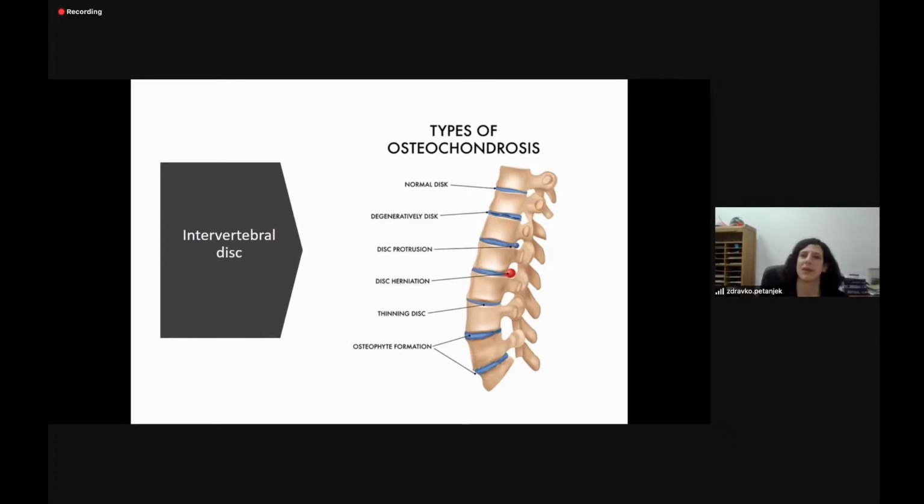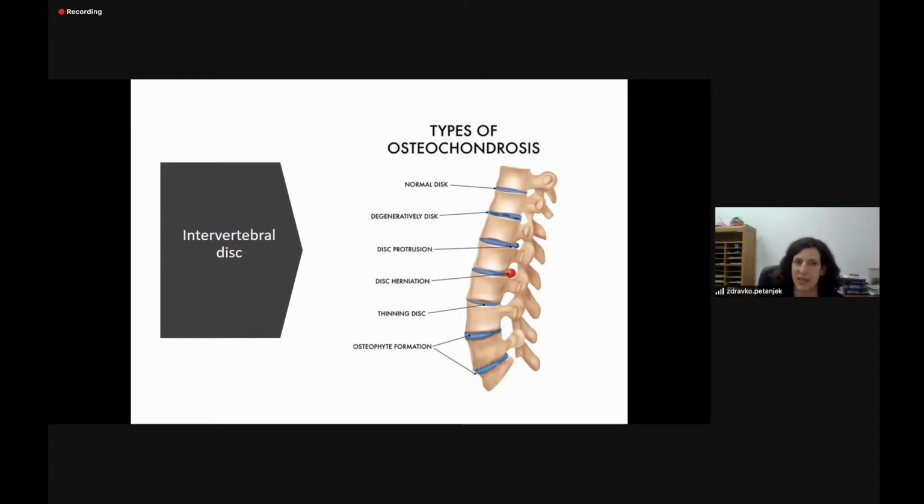What I'd like to emphasize is that with a chronic lower back pain, you have changes in the feeding of the disc, because the disc itself doesn't have its own vessels, and it has to get nutrients by osmosis from the vessels in the end plates of the vertebral bodies.